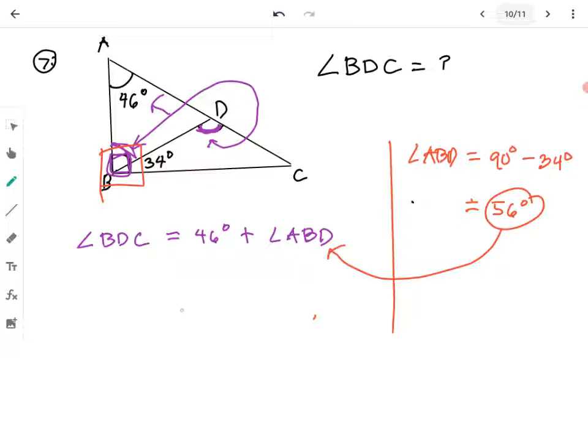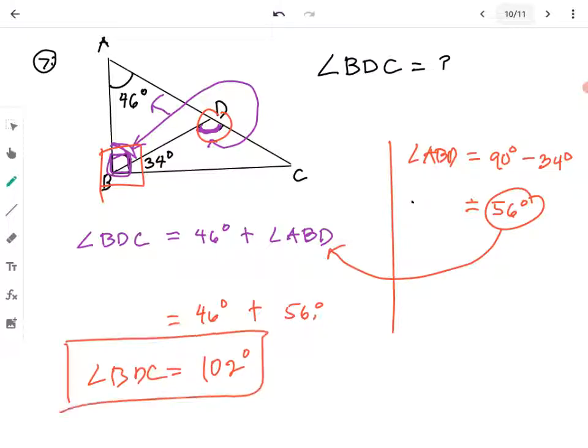So we say 46 degrees plus angle ABD, which is 56 degrees. Therefore angle BDC, the one that is obtuse there, is the sum of 46 and 56, and that is 102 degrees. So that is angle BDC. It's a little bit hard, but not that hard, because the information was already discussed before.